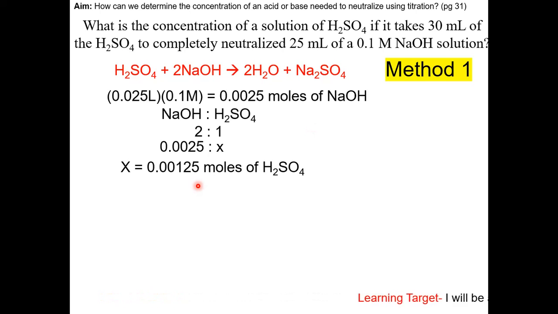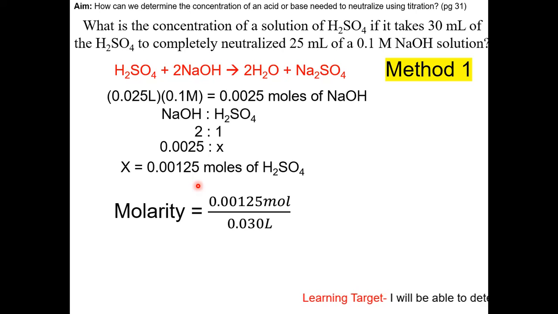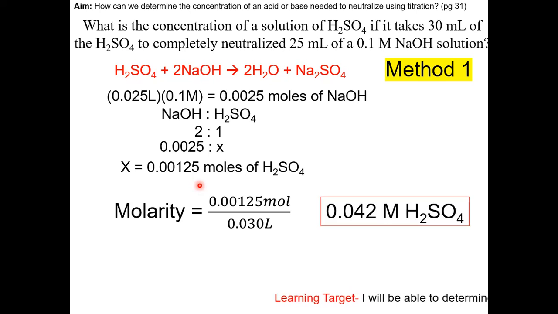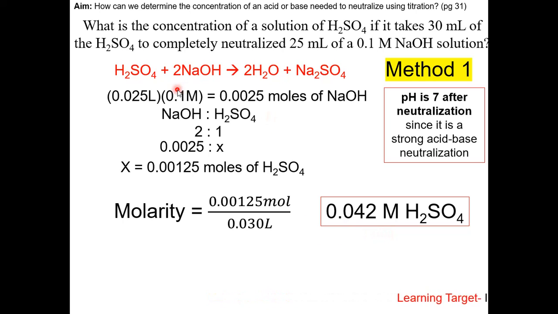Now that we calculated the moles of the acid, we can solve for the molarity by dividing it over the volume in terms of liters. So the molarity of the acid is 0.042 molar. Even though 2 moles of base is needed to neutralize 1 mole of acid in this example, the pH will be 7 after neutralization since it is a strong acid, strong base neutralization.